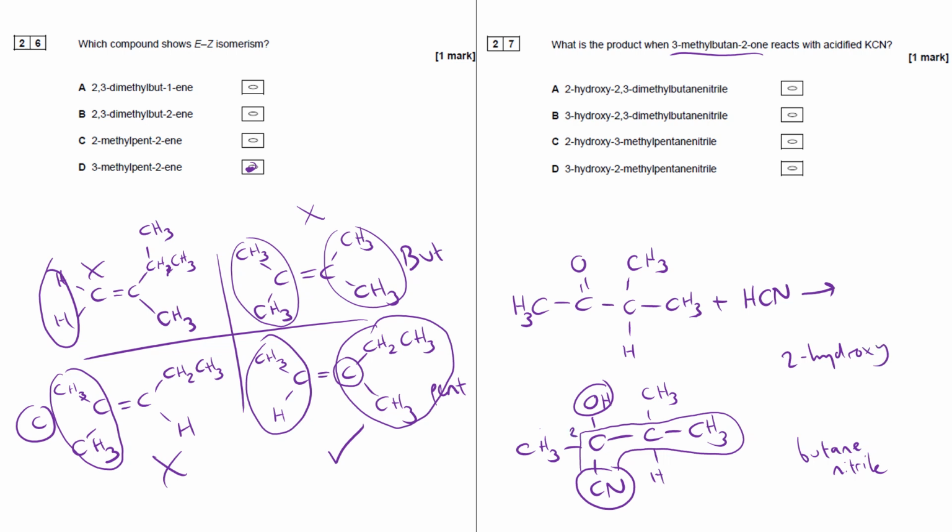On carbon 2 and 3, I've got some methyl groups. So it's 2-hydroxy-2,3-dimethylbutane nitrile. So that would be option A is the correct answer there.